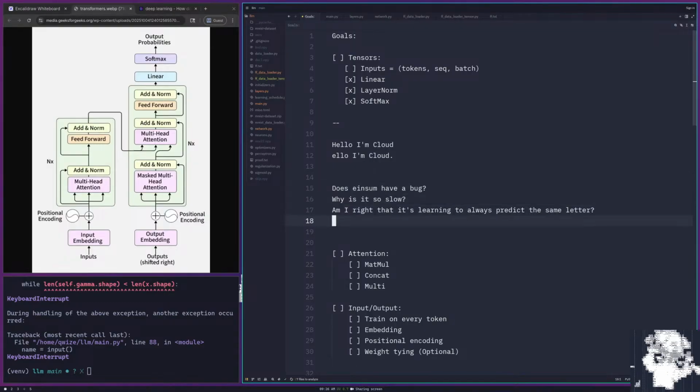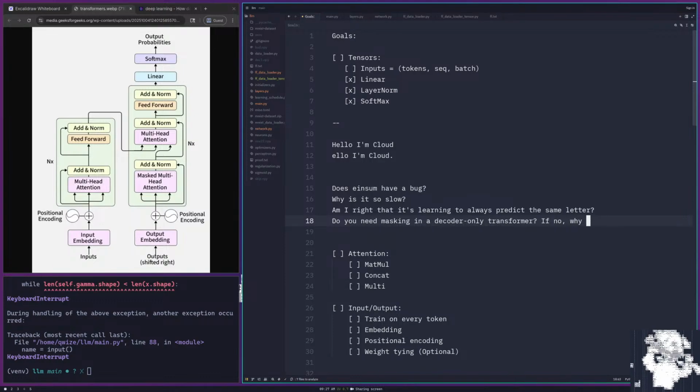I have a new question, which is, do you need masking in a decoder only transformer?